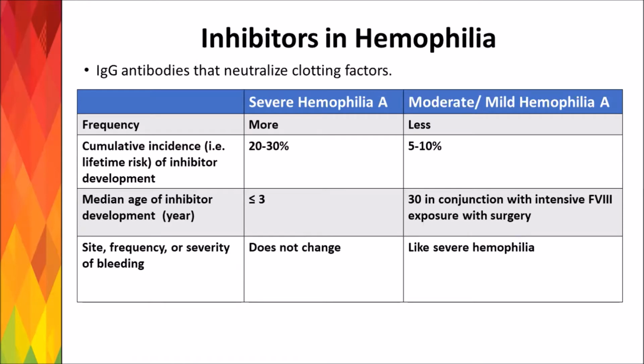Inhibitors in hemophilia are mainly IgG antibodies that neutralize the clotting factor. The frequency is more in severe hemophilia, around 20 to 30%, whereas it's less in moderate and mild hemophilia, around 5 to 10%. The median age at which the inhibitor develops is less than 3 years in severe hemophilia, whereas for mild and moderate it is 30 years of age.